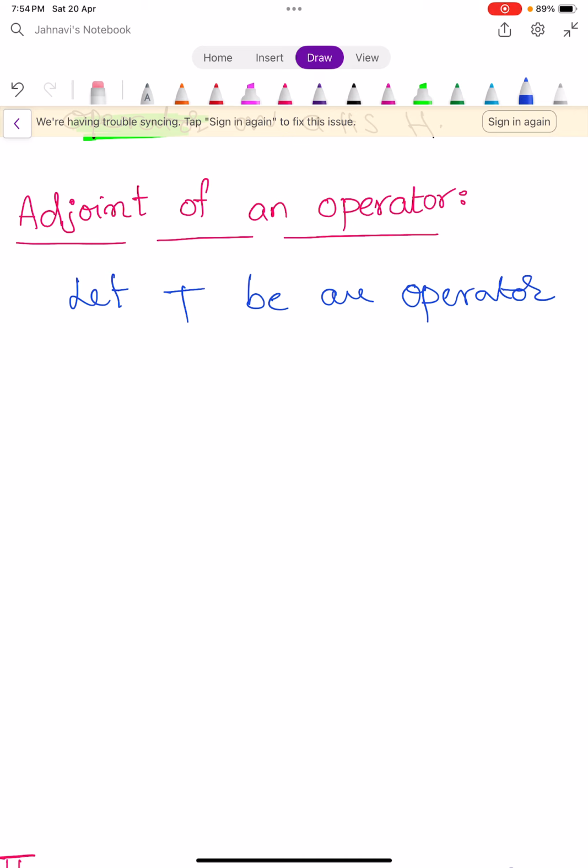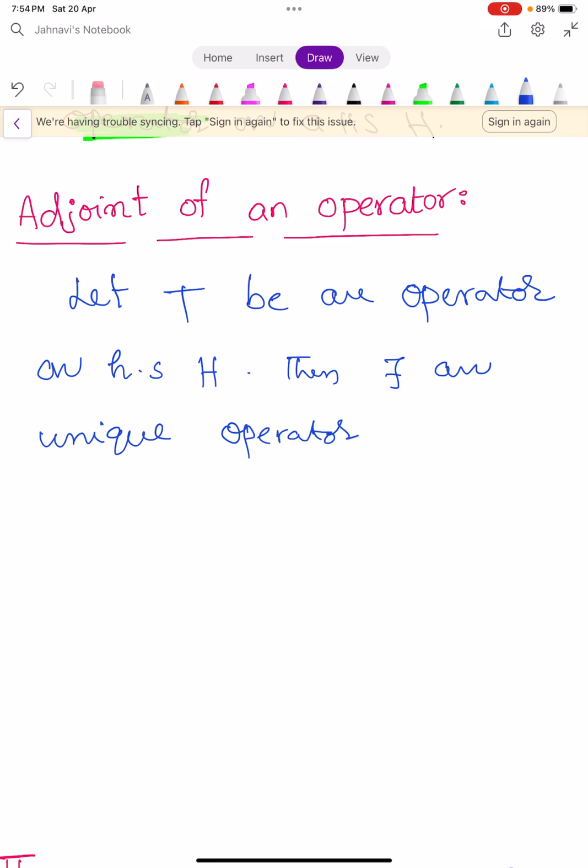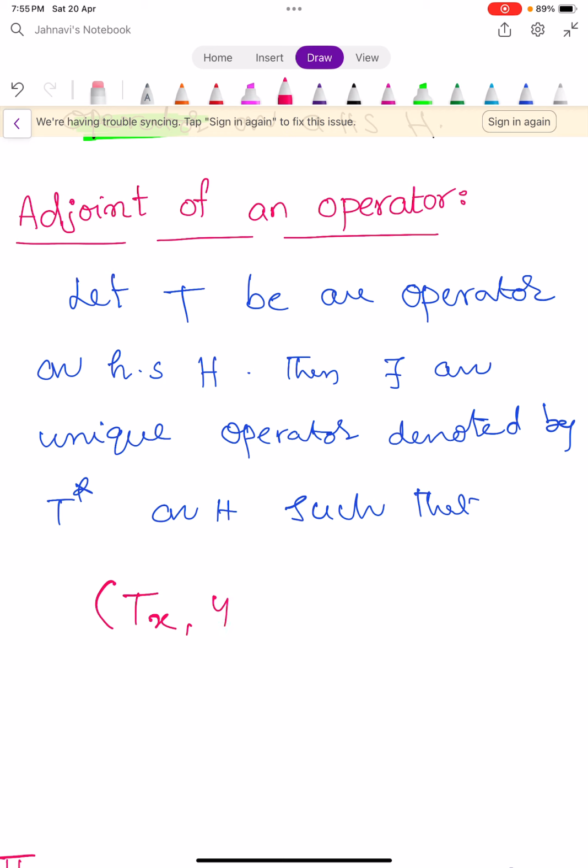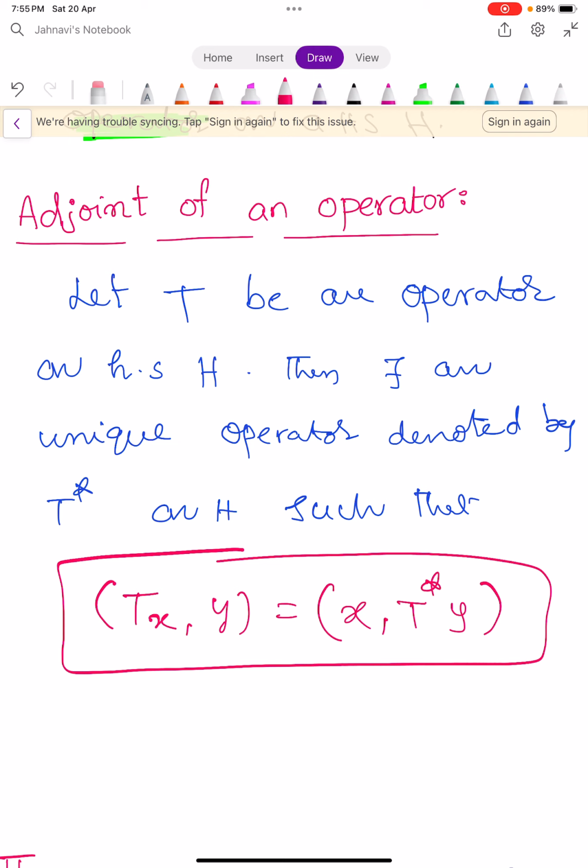Let capital T be an operator on a Hilbert space capital H. Then there exists a unique operator denoted by T star on capital H such that it satisfies the condition: inner product of Tx comma y is equal to inner product of x comma T star y. Remember this condition.